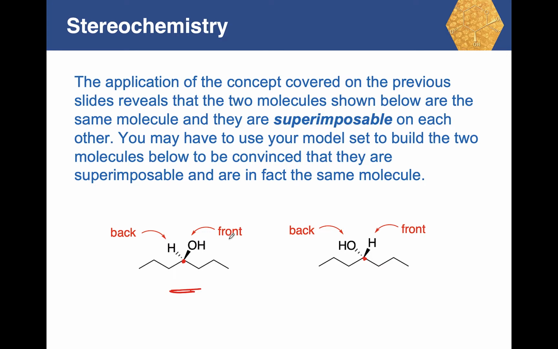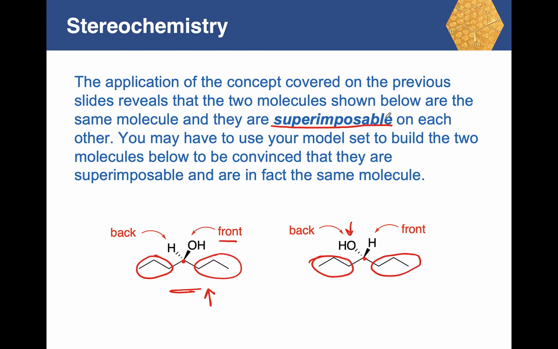The OH is in front for this molecule, and the OH is now in the back. But the bottom line is that because these groups here are the same, it's non-stereogenic, so therefore the mirror image of these 2 molecules are superimposable on itself.